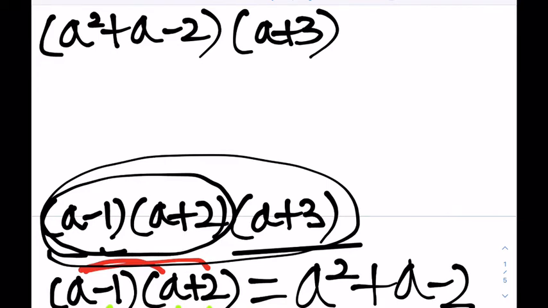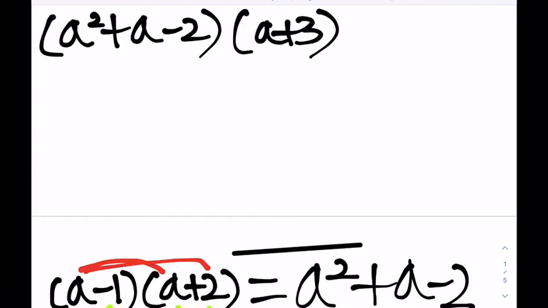Basically what we did was we just replaced a minus 1 times a plus 2 with a squared plus a minus 2 because we calculated that value. Now we got a new multiplication of polynomials, and this is the same thing. We have the first polynomial and the back polynomial, so we just distribute each term to the back polynomial.